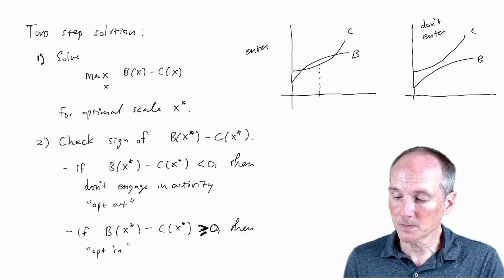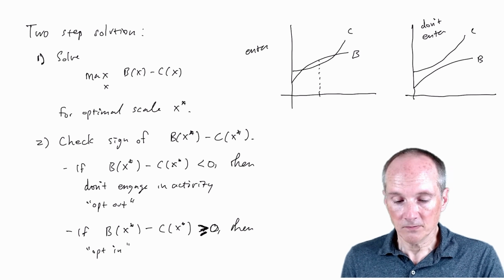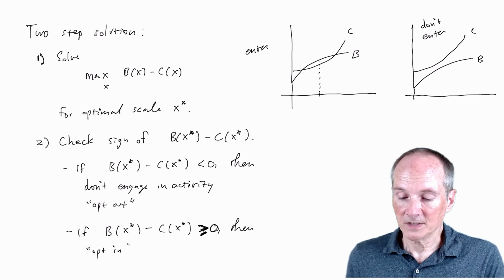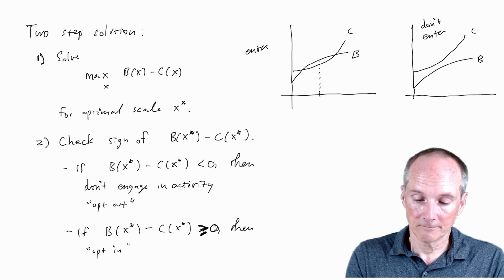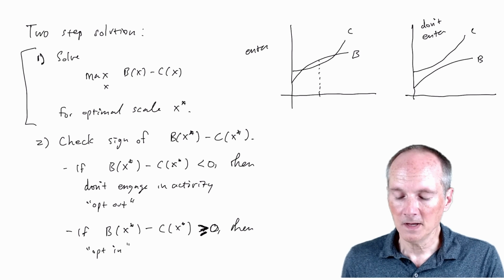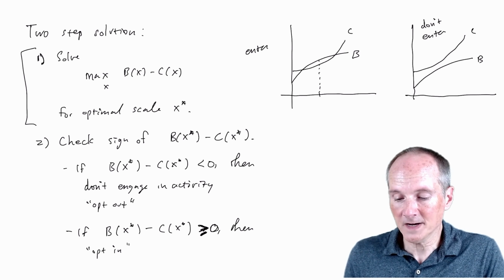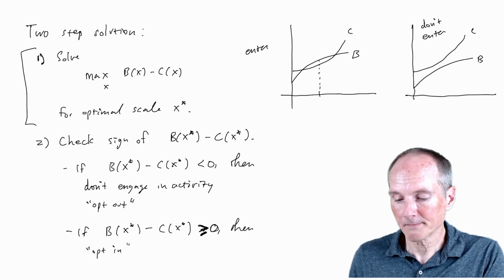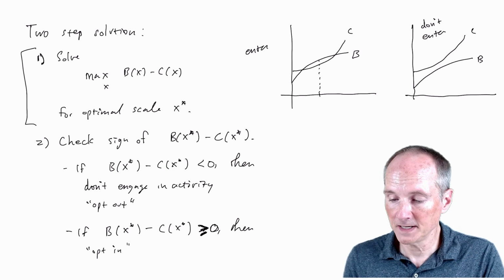Okay, so that's the way to handle this. It's actually pretty straightforward. Once you have the tools to solve the optimization problem, you basically just look at the optimized net benefit. If it's positive, you opt in. If it's negative, you opt out.